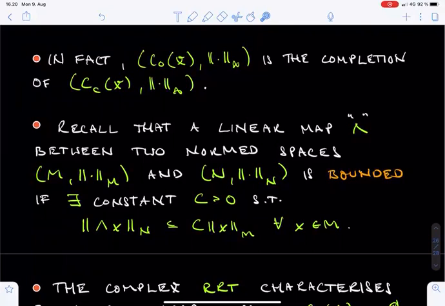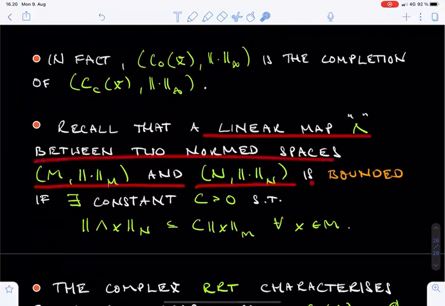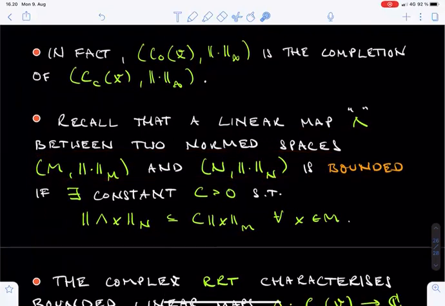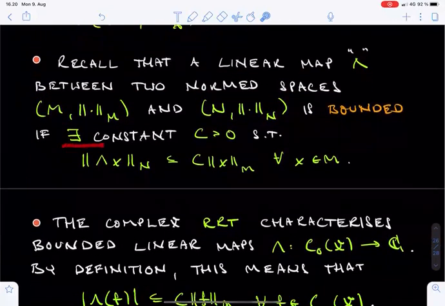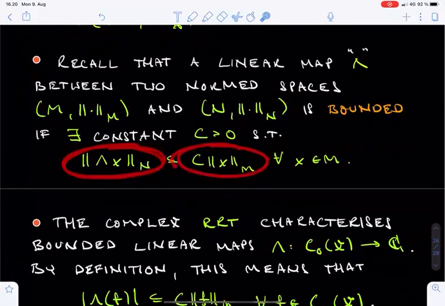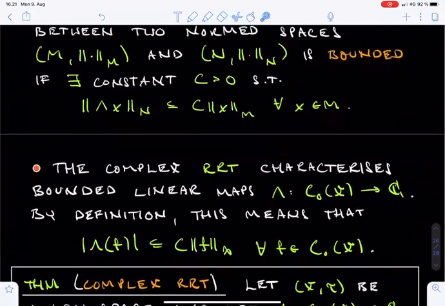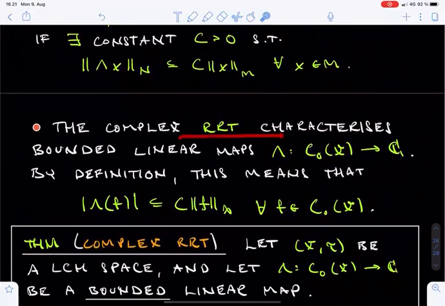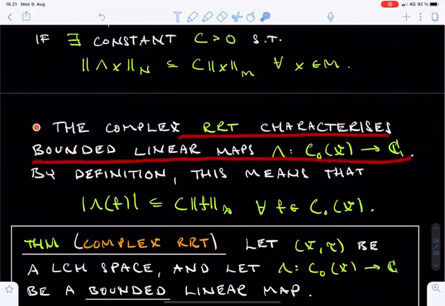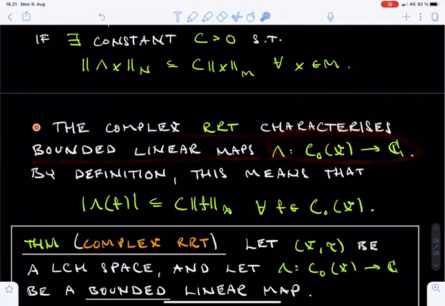As a final reminder, let's recall what it means for a linear map lambda between two normed spaces M and N to be bounded. This means that there exists a positive constant c such that the norm in the space N of lambda of x is bounded by c times the norm in the space M of x for all vectors x in M. The complex Riesz representation theorem will characterize all bounded linear maps between the spaces C0 of X and the complex numbers.